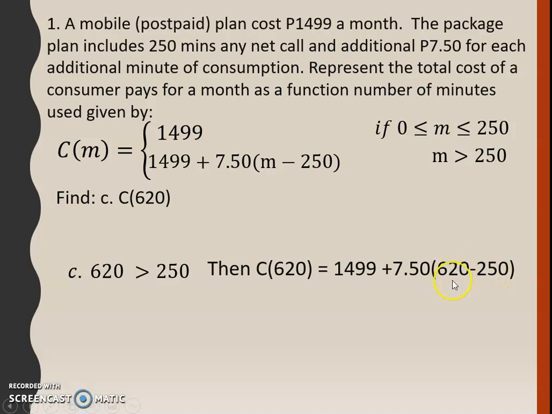So get the difference: you have 372 times 7.50. How much is that? That will be 2,775 plus 1,499. So at the end of the month, the subscriber will pay 4,274.